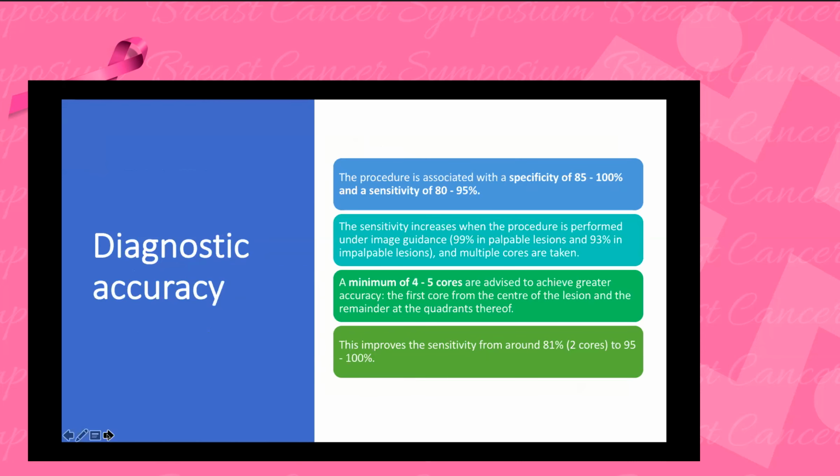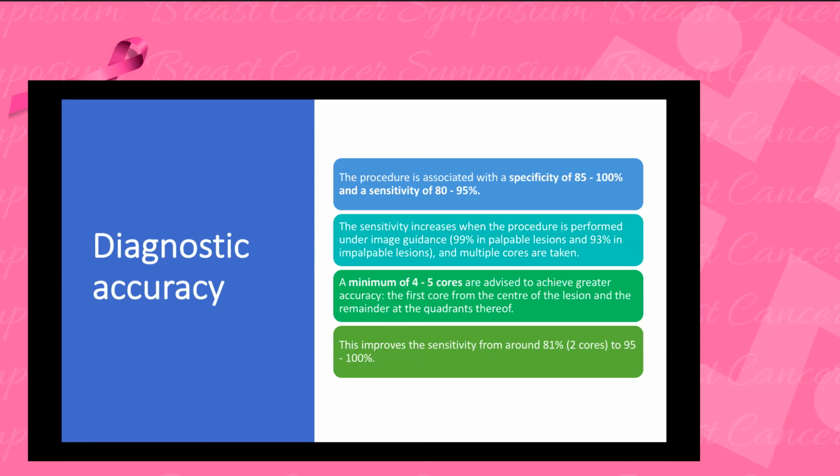The diagnostic accuracy here is associated with a specificity of 85 to 100%, with a sensitivity of 80 to 95%. And the sensitivity increases when the procedure is performed under image guidance. So when we couple it with image guidance, we can increase our sensitivity to about 99% in palpable lesions and 93% when we've got lesions that are not palpable.